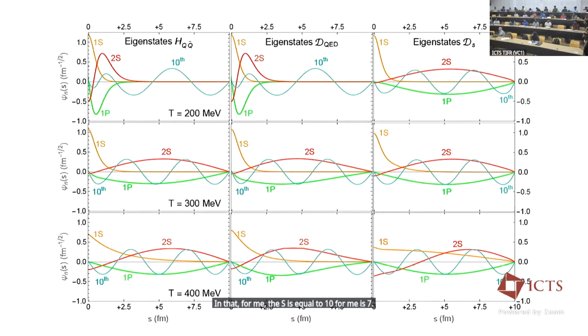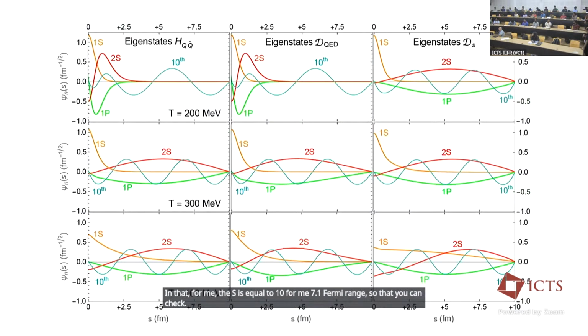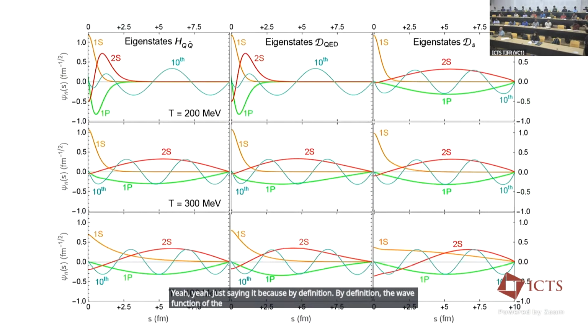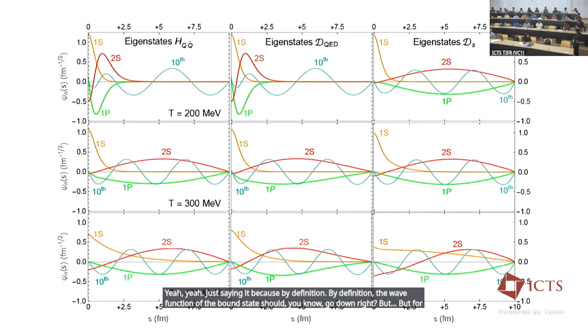So that you can check. Yeah, just saying it because by definition, the wave function of the bound state should go down, right? But for 2s, it's not going down. But it contains integration over the momentum. I'm sorry. Go ahead. It's some integration, so if you integrate and calculate, the numerical value doesn't change much.